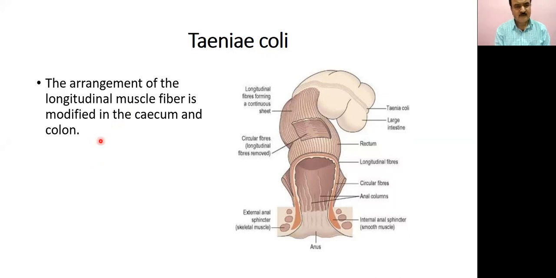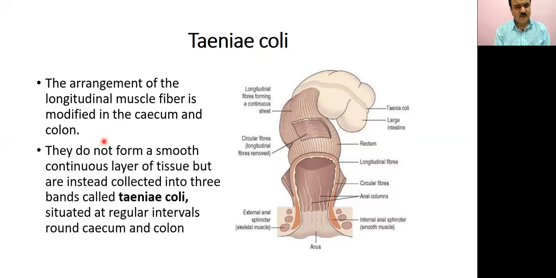They do not form a smooth continuous layer of tissue, but are instead collected into 3 bands called taenia coli, spread at regular intervals around the cecum and the colon. So in the colon, the longitudinal muscle layer is converted into 3 bands. Rather than a diffuse layer, it has a band-like structure, which we call taenia coli.